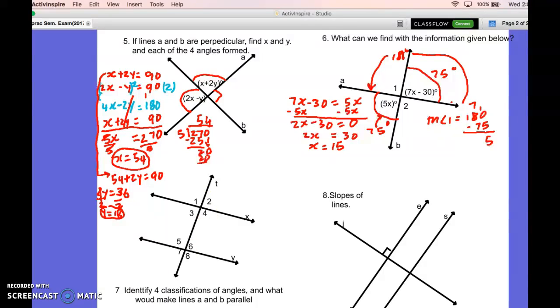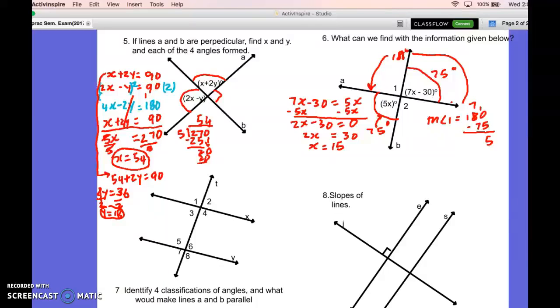Which other angles? How about alternate exterior angles? Yes, if 1 and 8 are congruent, that would force lines X and Y to be parallel. Or if angles 2 and 7 are congruent, those are alternate exterior angles, that would force lines X and Y to be parallel.